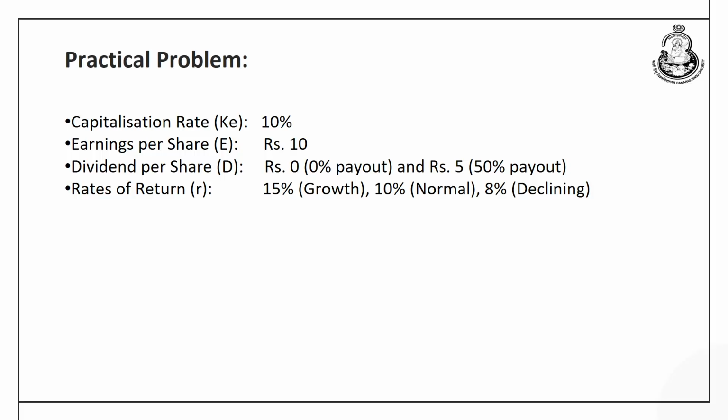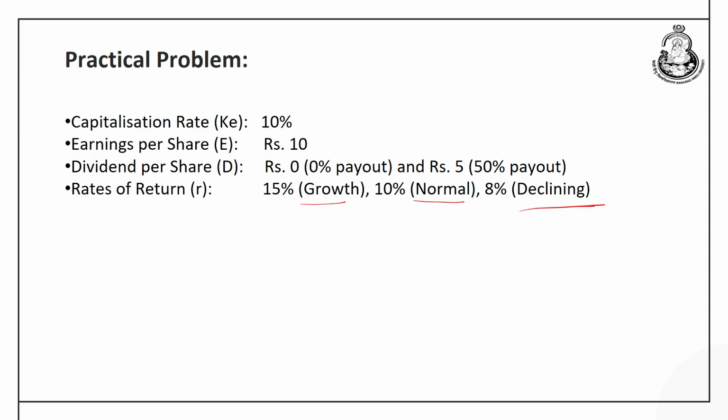That means, out of an earning of rupees 10, the company would be paying rupees 5 in the form of dividend and retaining rupees 5, or 50% of the earnings. Now, the implication of this policy would be seen in three different scenarios, denoting three different firms: one, the growth firm; second, the normal firm; and a declining firm.